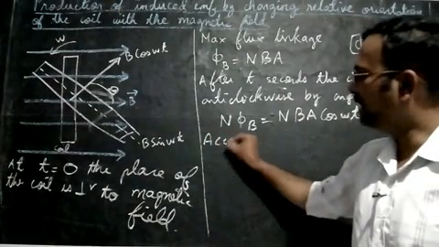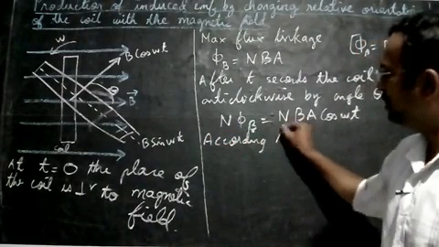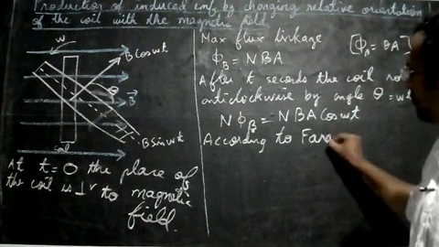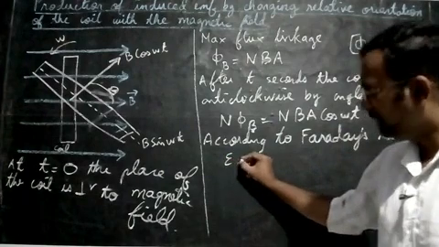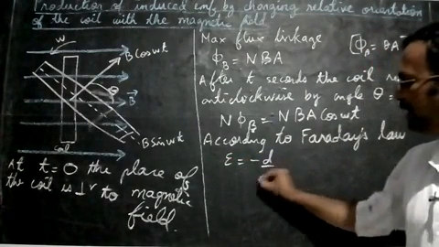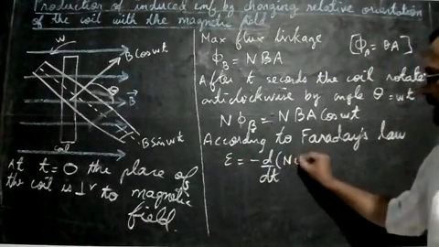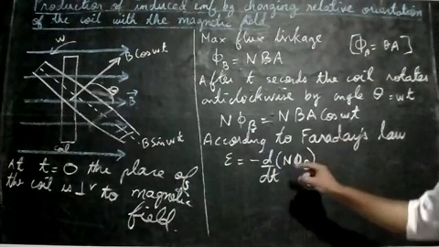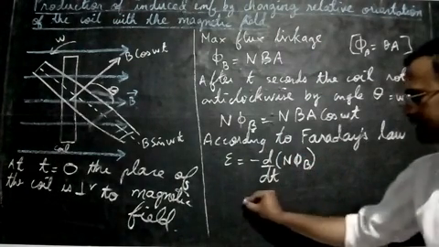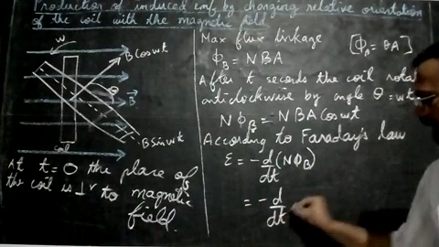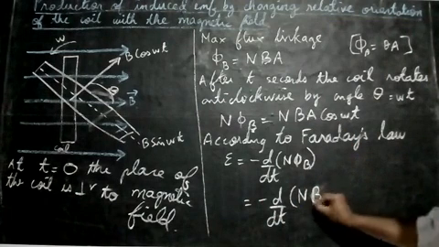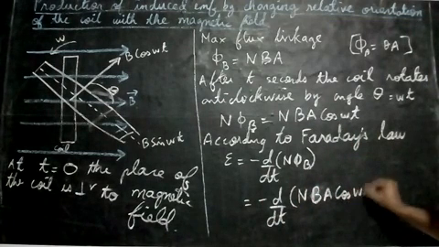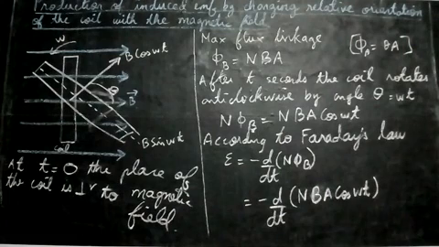According to Faraday's law, the EMF is equal to minus d by dt of the flux linkage, n phi B. Substituting, we have minus d by dt of NBA cos omega t. Let's differentiate this and see. Let me erase this portion here.